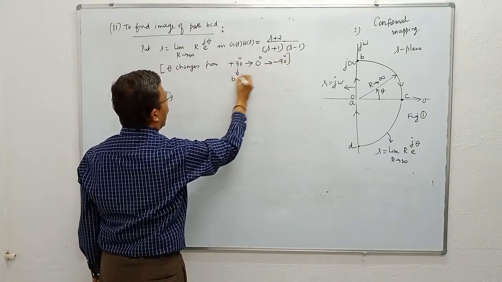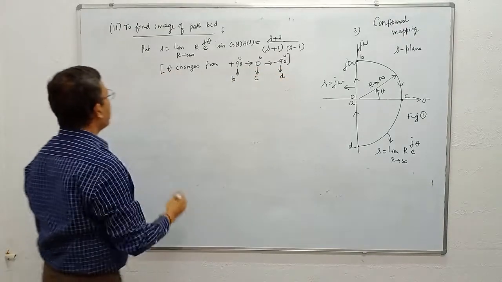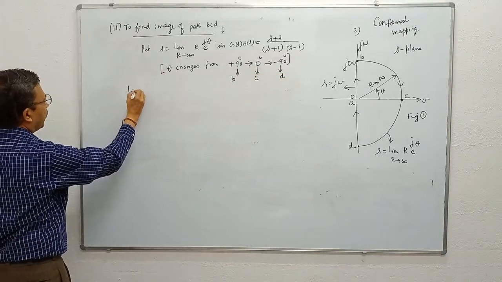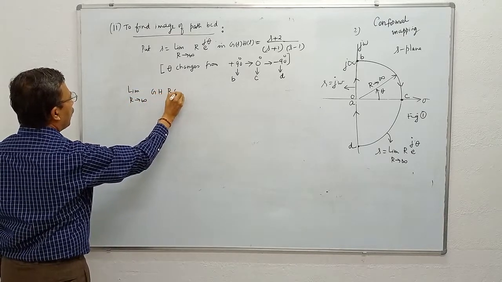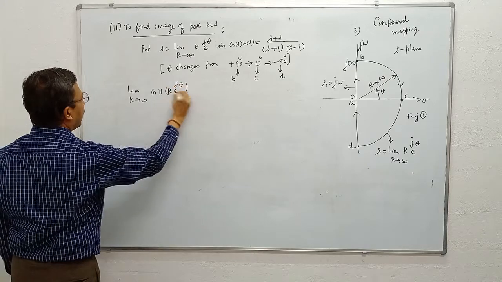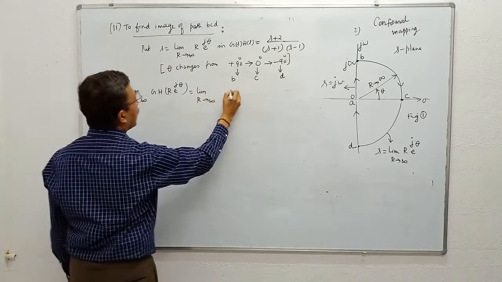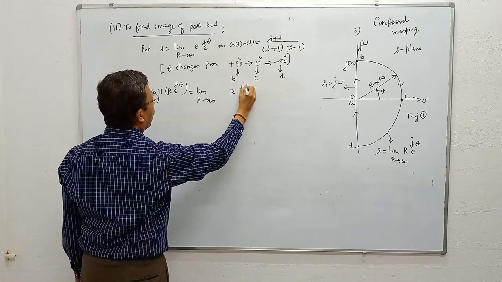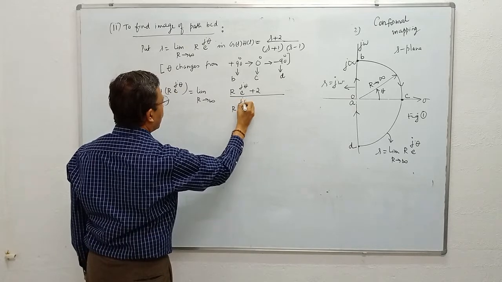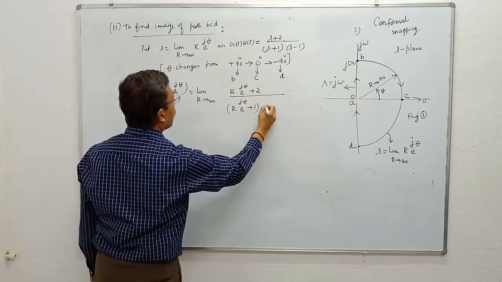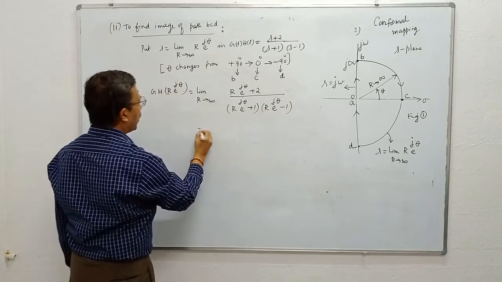This represents point B, this represents point C, this represents point D. That gives us limit r tending to infinity G H of r into e to the power j theta equals limit r tending to infinity r into e to the power j theta plus 2 divided by r into e to the power j theta plus 1 into r into e to the power j theta minus 1.